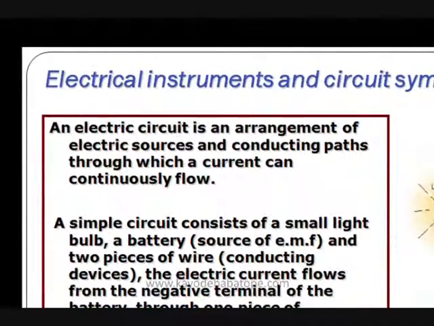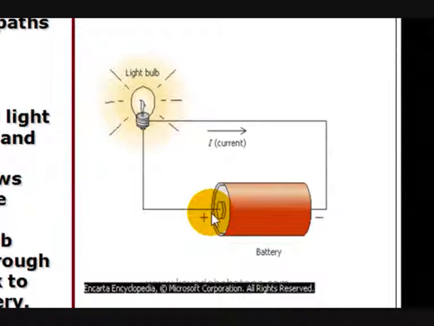An electric circuit is an arrangement of electric sources and conducting parts through which a current can continuously flow. Like you can see here, an arrangement of electrical sources. Now, the electric source in this case is this cell, the battery. Okay, and here is the wire connecting the terminals of the battery.